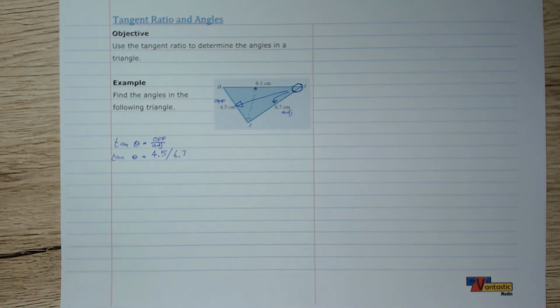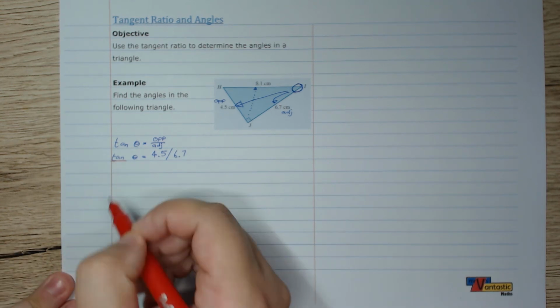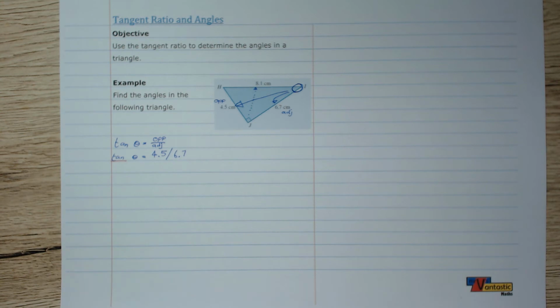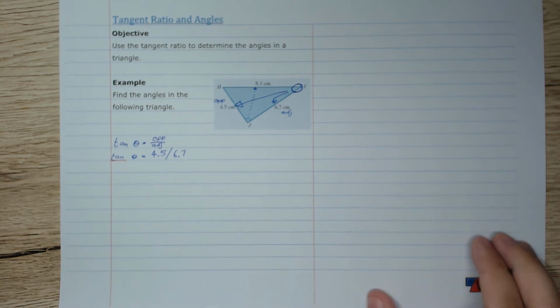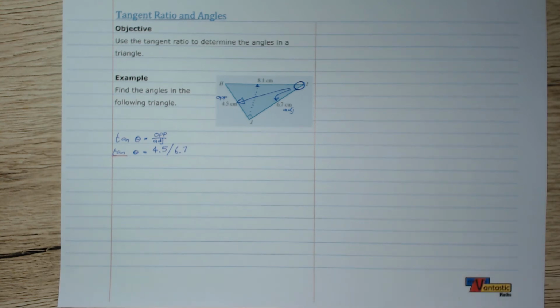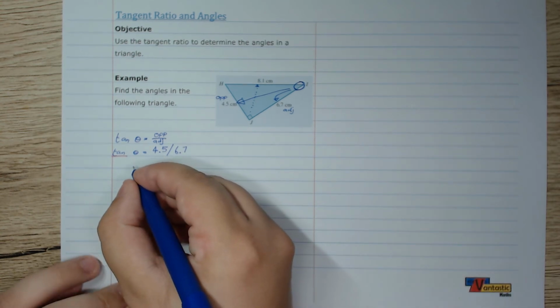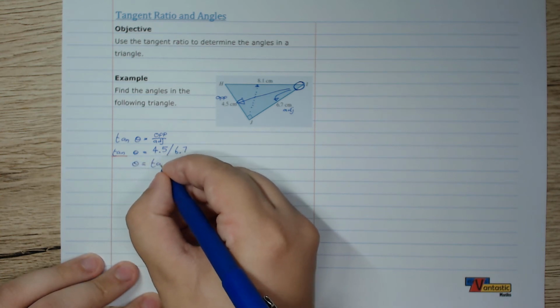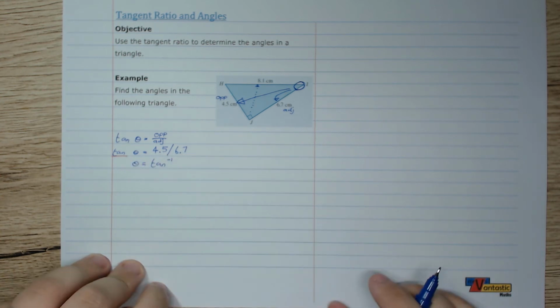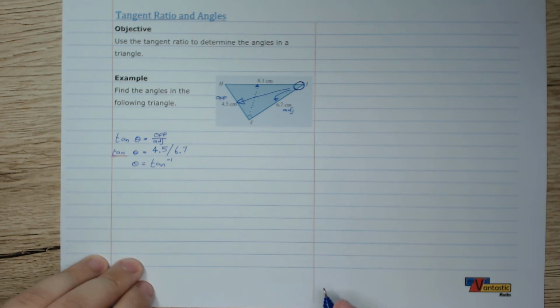Now we've got this tan function of our angle. And to get rid of that tan function, we can use what's called the inverse tan. And on our calculators, that looks like tan to the -1. It's the inverse tan or the arctan operation.